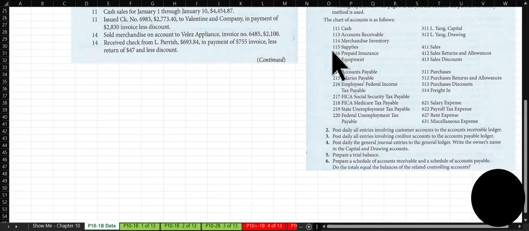If it is a current asset, the second digit will be a 1. However, if it is a fixed asset, or non-current asset, then the second digit would be a 2. This is how the numbering system for this company would work.